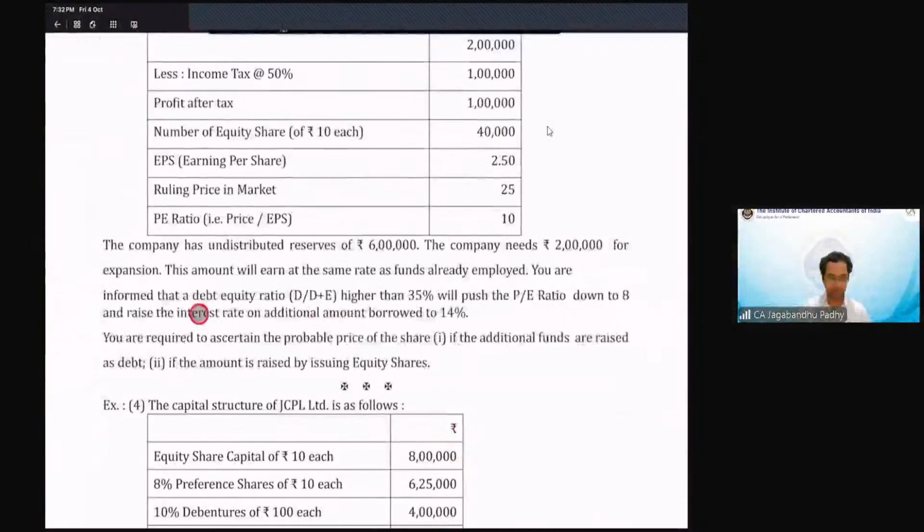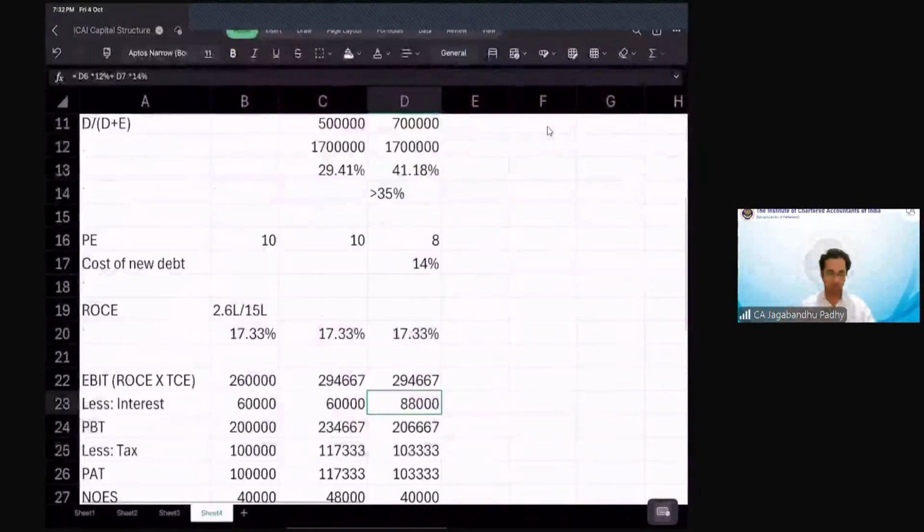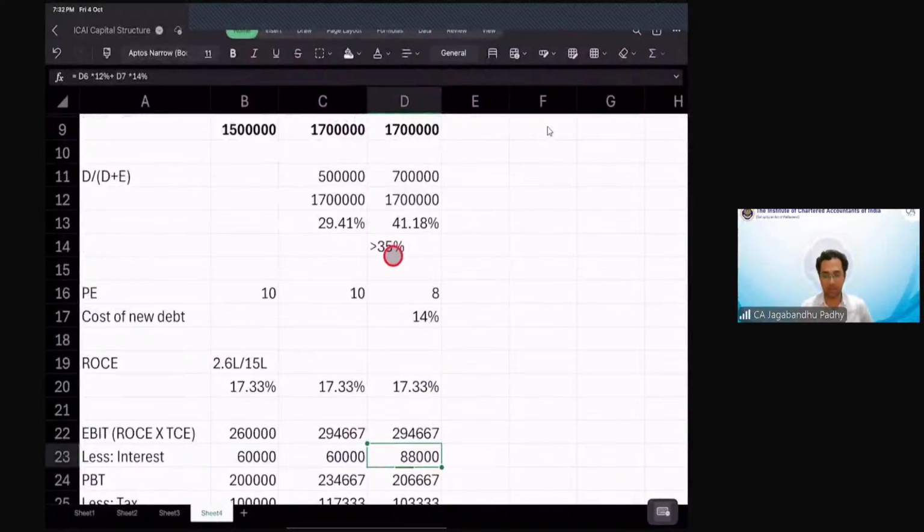Read the question carefully. Debt equity ratio higher than 35% will push the P/E down to 8 and raise the rate of interest to 14%. If your debt equity ratio is greater than 35%, P/E will become 8 and cost of new debt will be 14%.